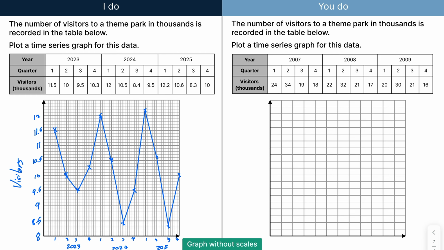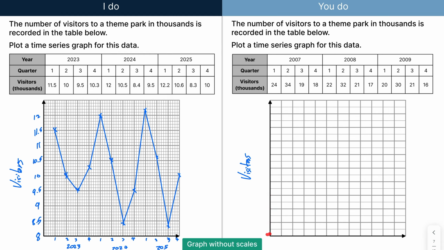Now that's that done. So hopefully you've pressed pause and had a go at the example on the right. So again, we have visitors here, and I can see the smallest number that I need to work from is 16, and the largest number is 34. So if I, again, in a similar manner, 16, 17, 18, 19, 20, 21, 22, 23, 24, 25, that won't work.